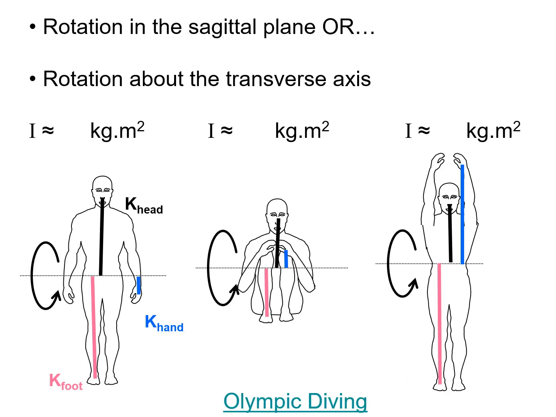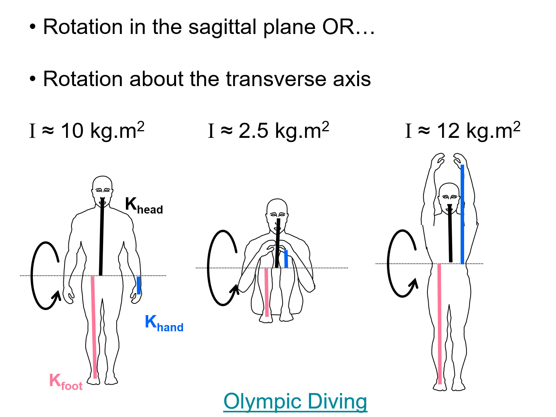In our sagittal plane, rotation about the transverse axis, we'll have 10 kilogram meters squared there. We might have 2.5 kilogram meters squared if we tuck up our arms and legs. But if we then extend both of them, we increase that moment of inertia once again.